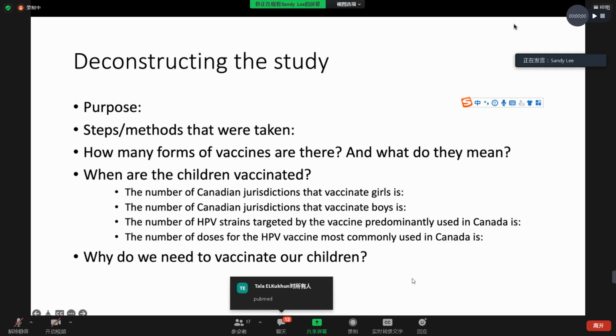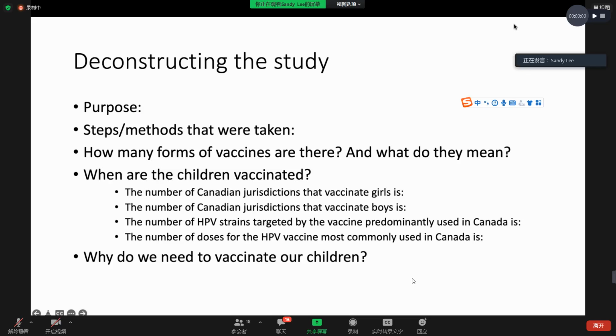Other than searching literature, they contacted public health officials. Yes, correct. And they also looked at the Canadian publications, which included the Canadian Immunization Guide, right?